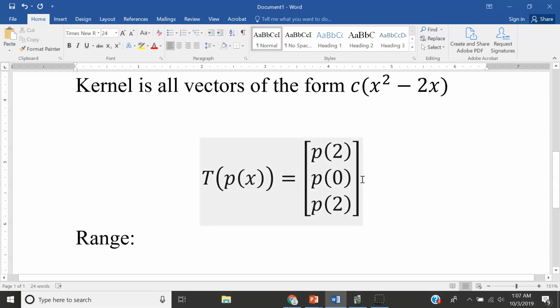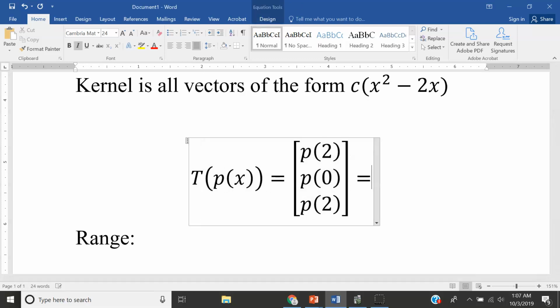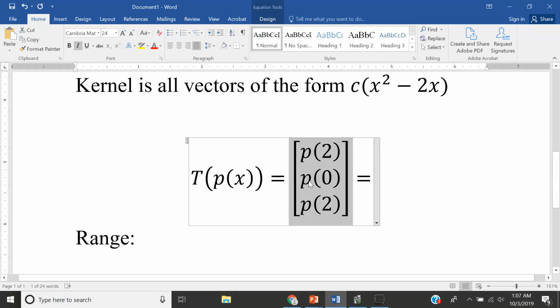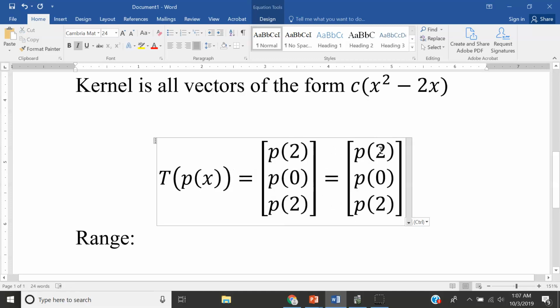So what I'm trying to argue is that no matter what real number you want, I can find a polynomial that when you plug in 2, you get that specific real number.